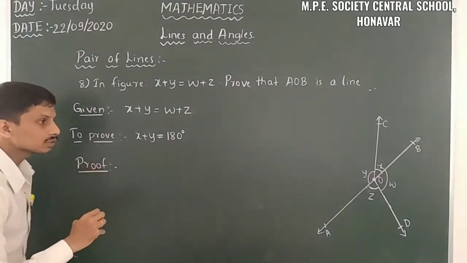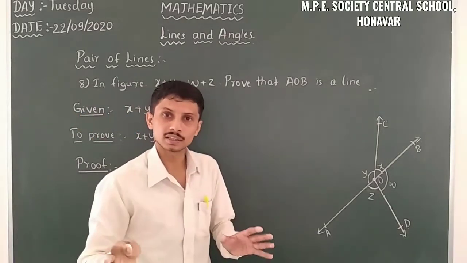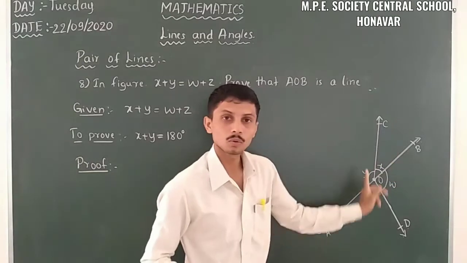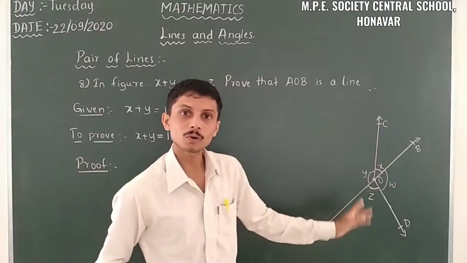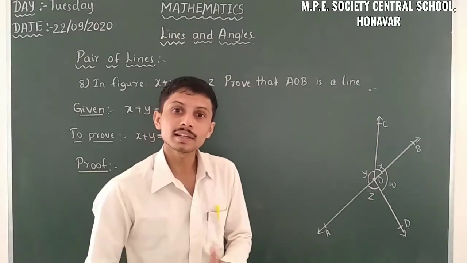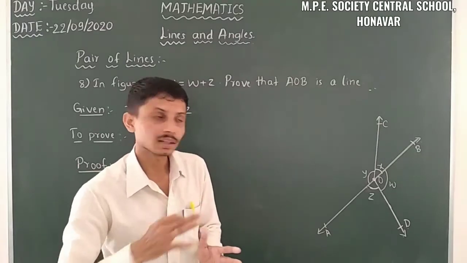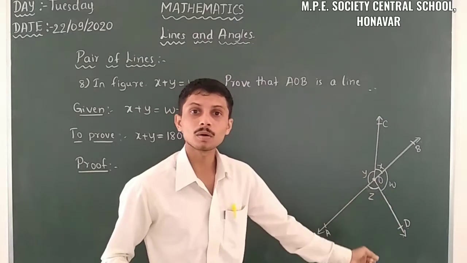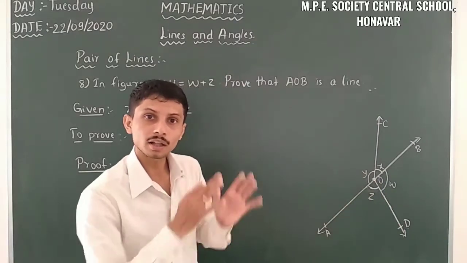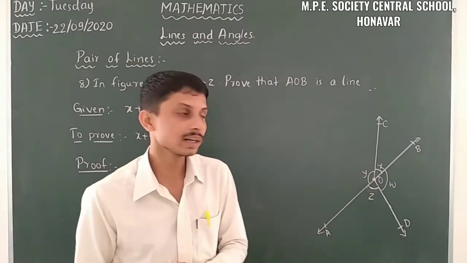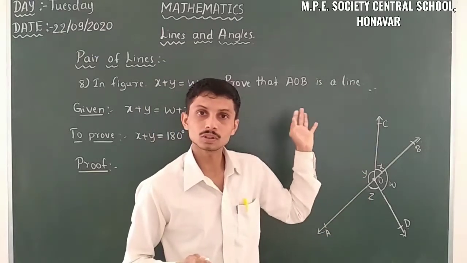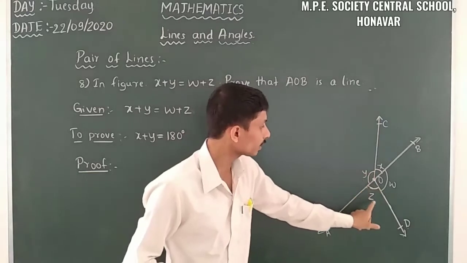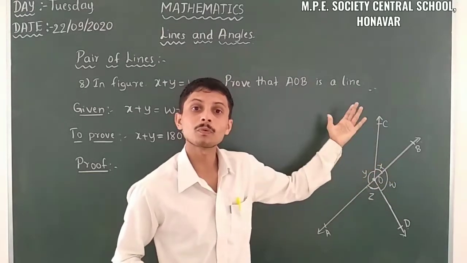Just observe here. There are four rays, that is OA, OB, OC and OD. All the rays emerge from point O only. That means all the rays have only one end point, that is O. So there are four angles formed here because of four rays.